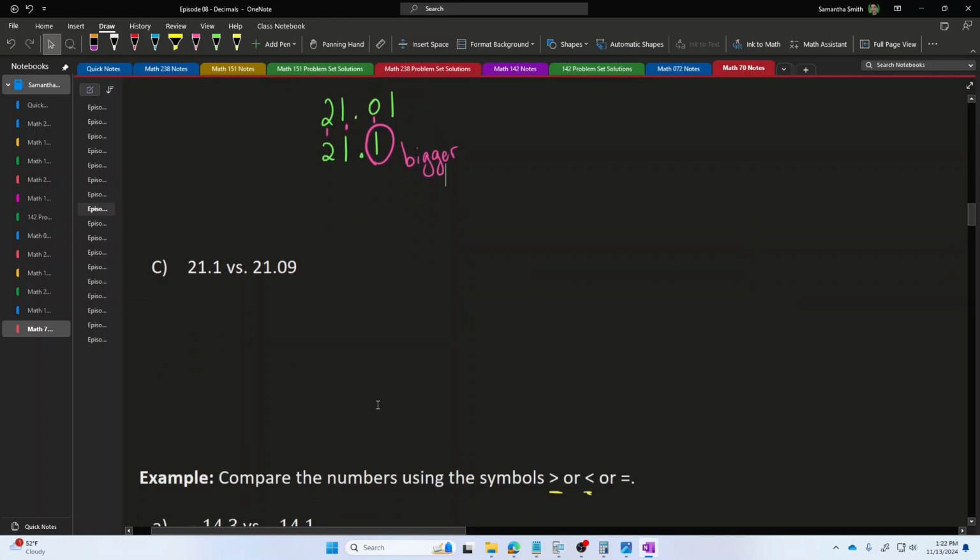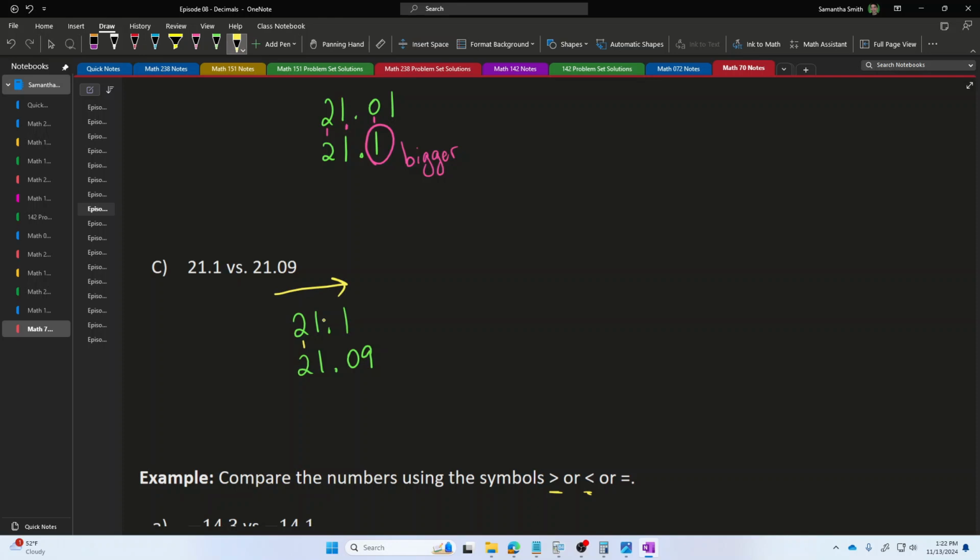And similarly, if we were comparing 21.1 to 21.09, I could think about it financially, or I could write the two numbers so that their decimal points were lined up. And when the decimal points are lined up, I can go through from left to right, and I can compare the digits one by one.